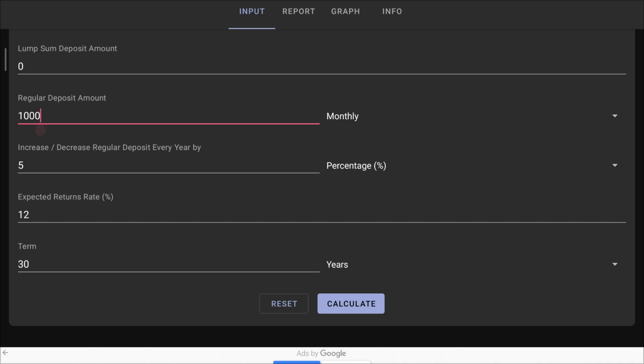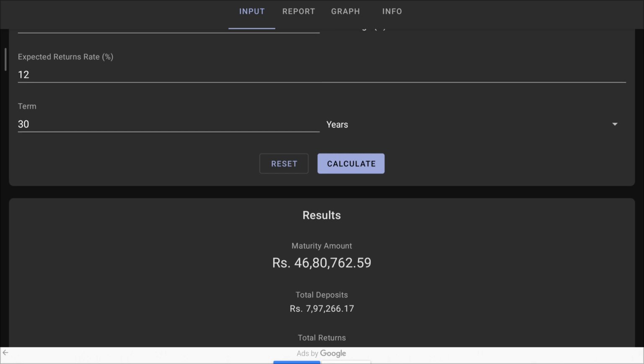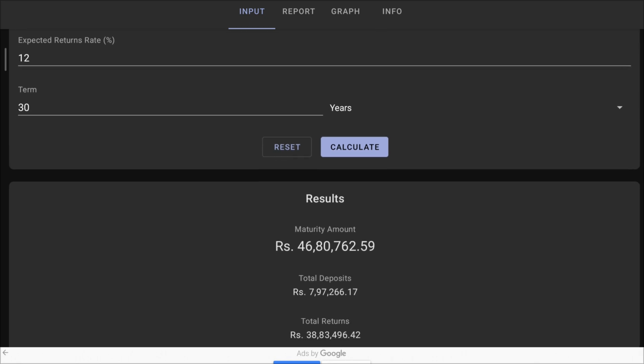So right now, you can pause and you can write in the comment section. Otherwise, I'm calculating. Going to click on calculate. So the number is, just count it. The maturity amount it shows, right?